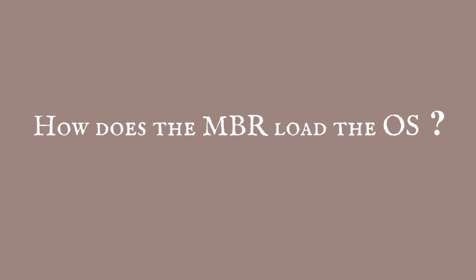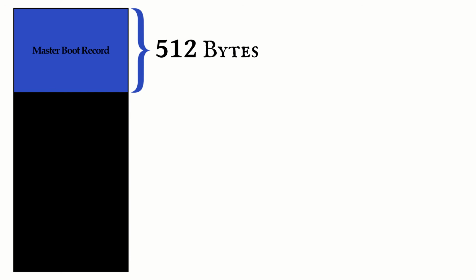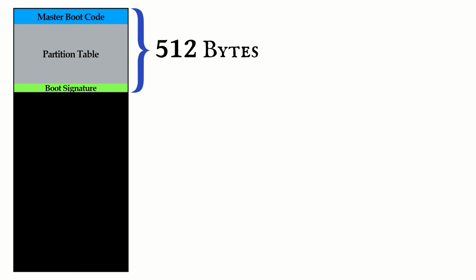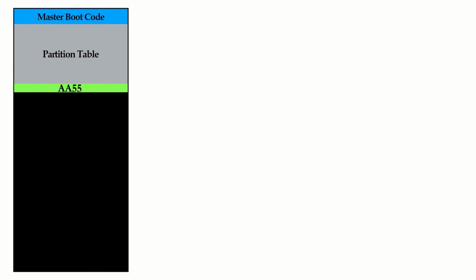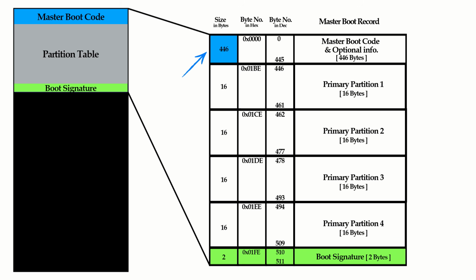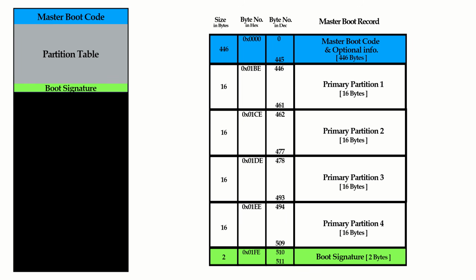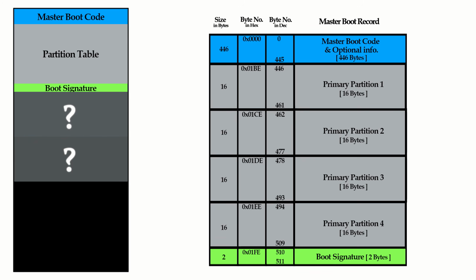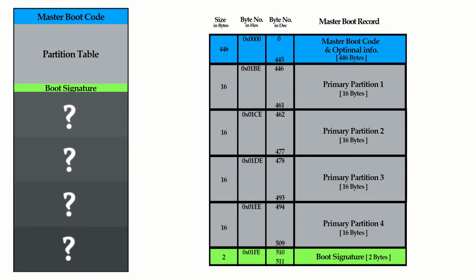Let's take a closer look. The master boot record contains the master boot code, the partition table, and the boot signature or end of sector marker. The end of sector marker marks the end of the MBR. These 2 bytes are always AA55. The master boot code is 446 bytes long and contains code that checks the partition table to find out which partition is the active one.